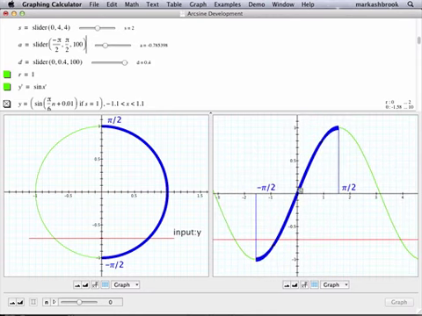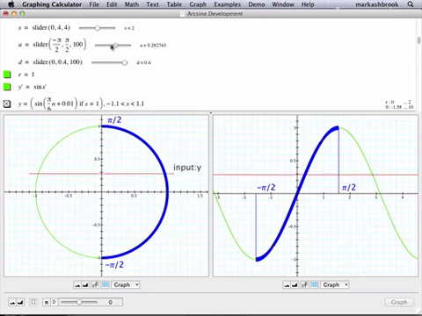Otherwise, if we don't restrict that range of outputs to -pi/2 to pi/2, then we get many, many angles for each input. But we need one output for each input. Does it make sense?